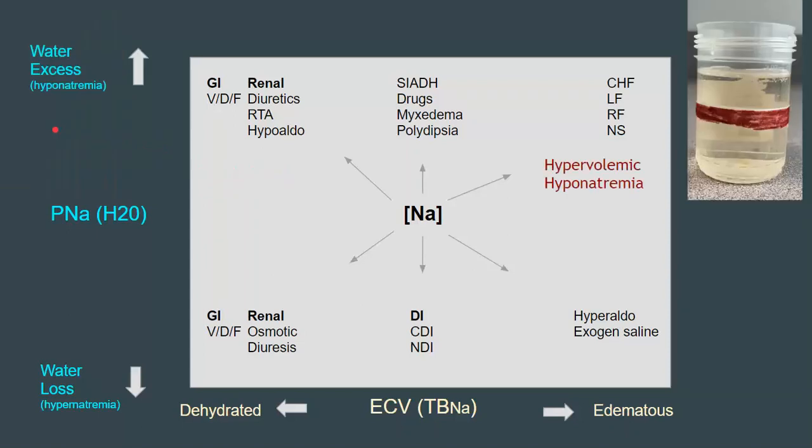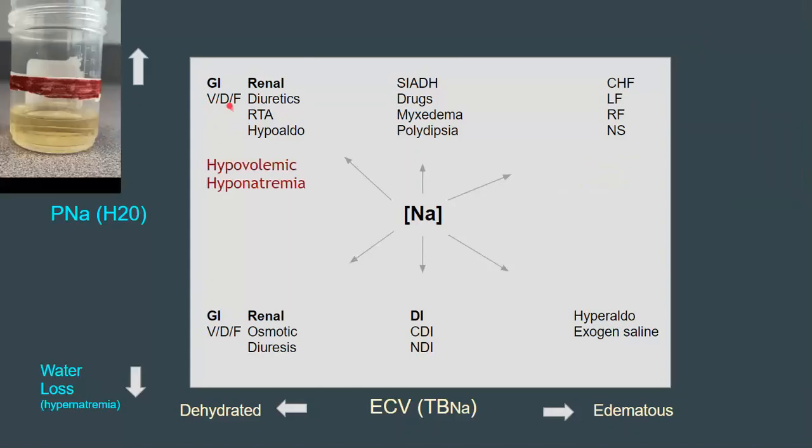Let's contrast this kind of thing. Now, this patient here, we'll go back. These patients here you see a lot of. They come in with nausea or vomiting, diarrhea, fluid loss from the GI tract.